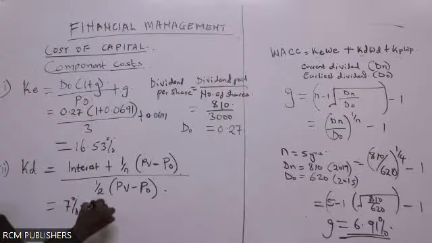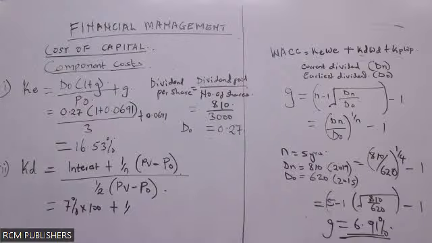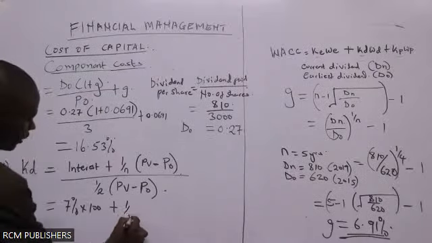Then I add 1 over n. What is my n? Very fast. What is our n? 10 years. Thank you. 10 years.